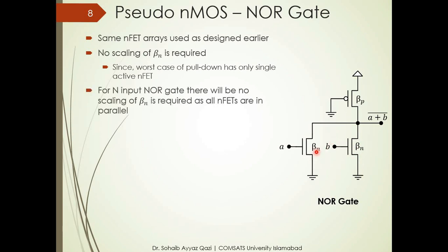And if we generalize this for an n input NOR gate, there will obviously be no scaling of beta n for all NFETs, because all NFETs will be in parallel. If you draw it, there will be n nMOS connected in parallel here. So we are not required to scale the beta n values.